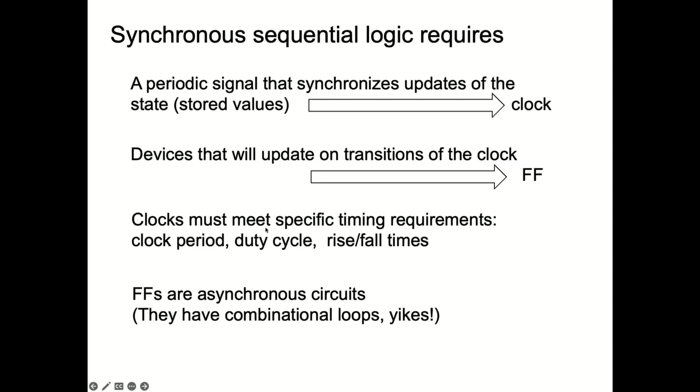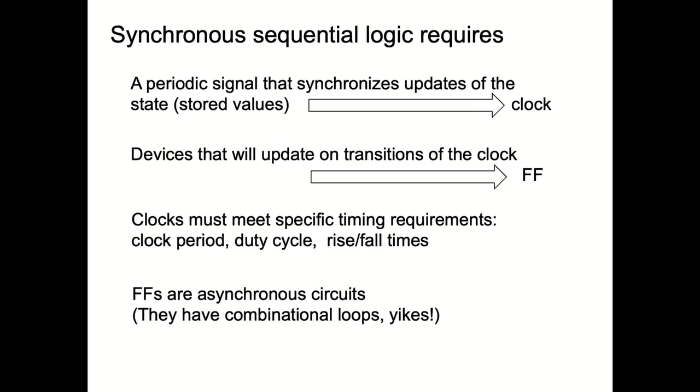The clocks themselves have to be carefully designed so that they're stable and they have a specific shape. We worry about the rise and fall time of clocks. That's important. There's the duty cycle, which is what percent of the time they are high versus low.